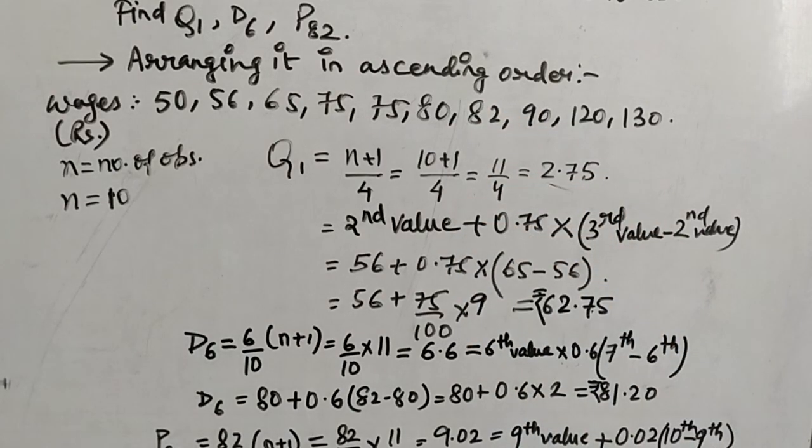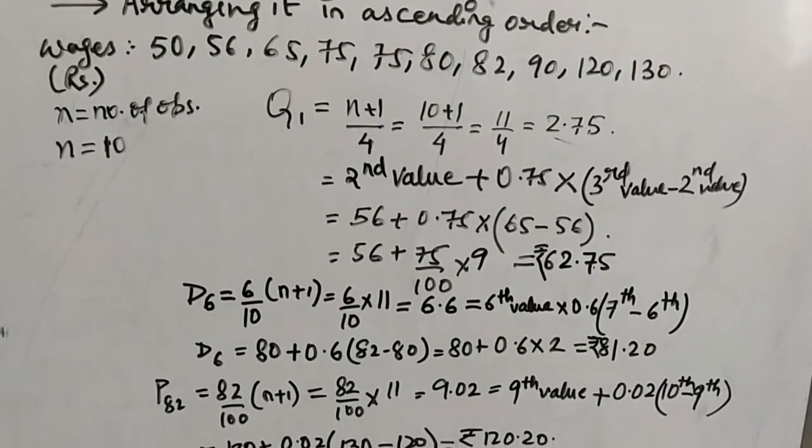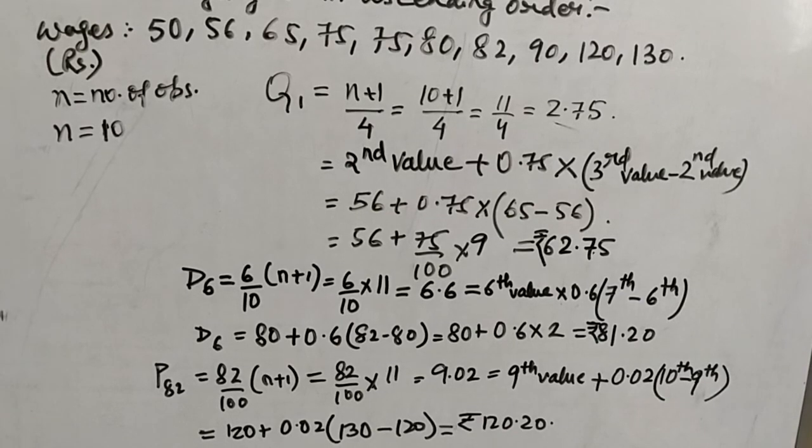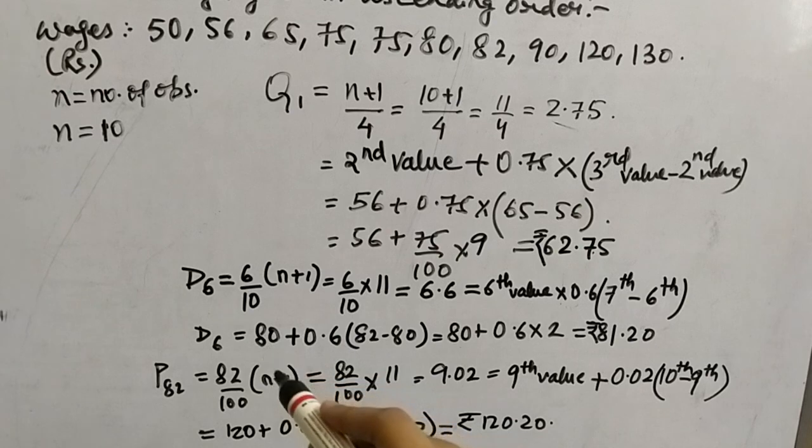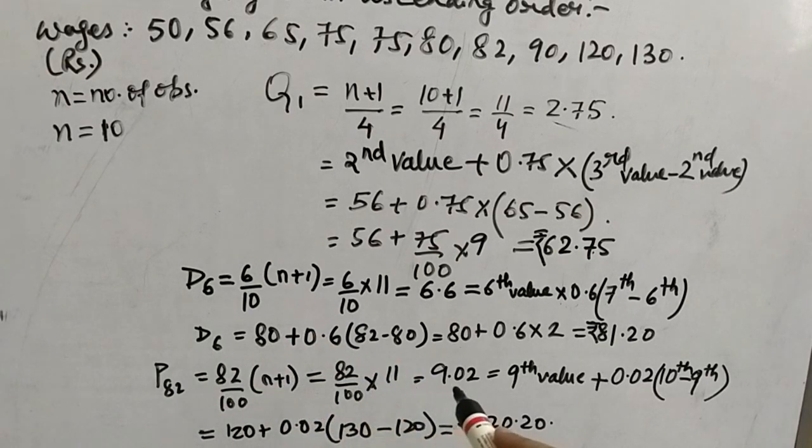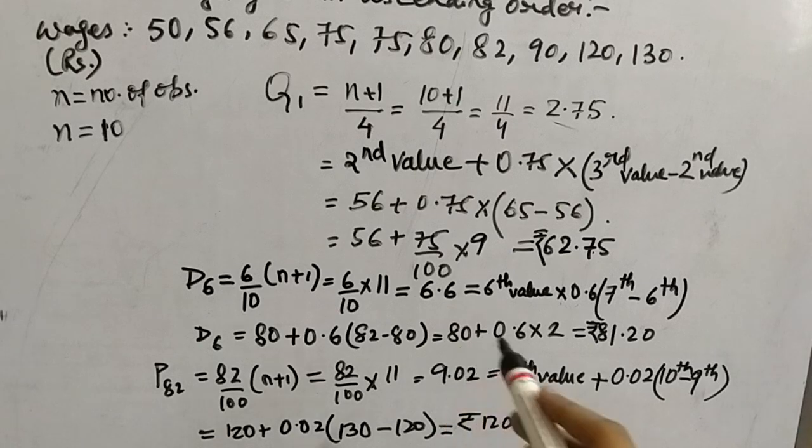Okay, now in order to calculate the percentile 82, what we have got from the formula, percentile is nothing but 82 by 100 into (n plus 1), correct? So this is the formula that you have got. After calculating it, you have got 9.02. 9 is what?